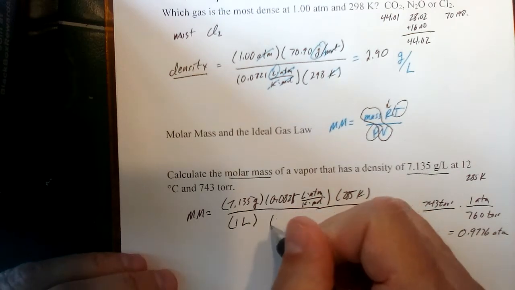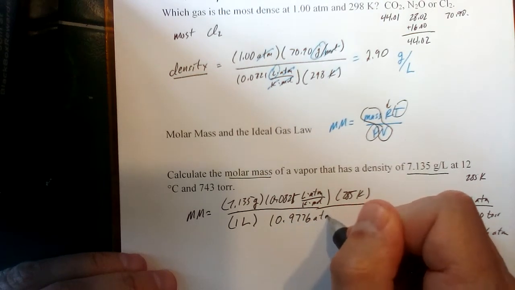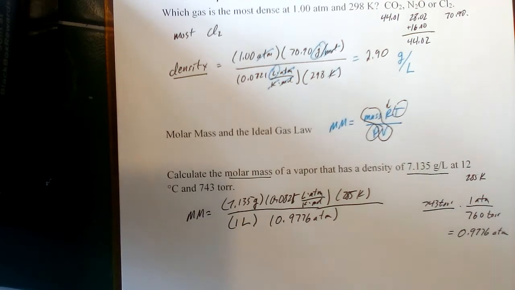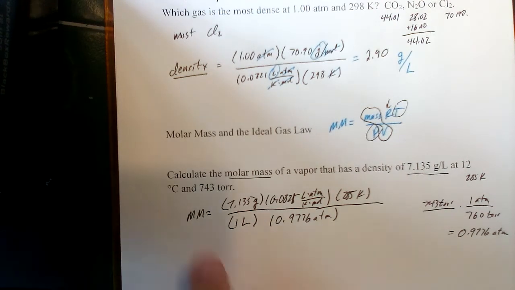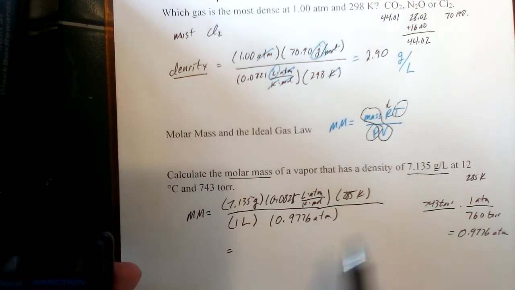That will also go on the bottom. Okay, and now if we punch all that in, that will give us the molar mass, and we'll look at the units there once we get that final number. Okay, so I punch all that in and I get 170.77.